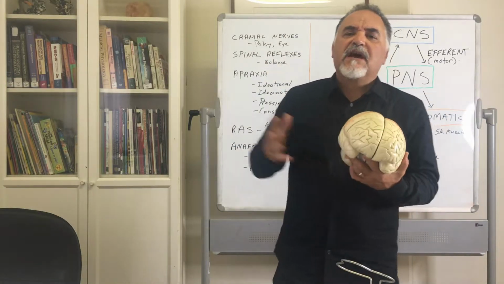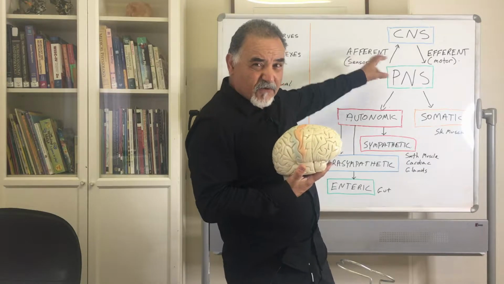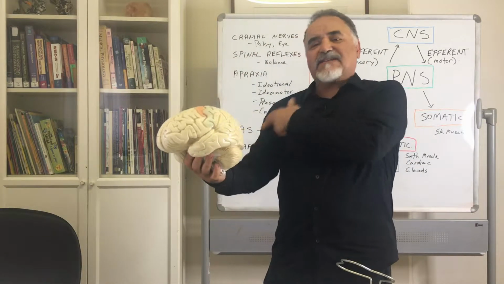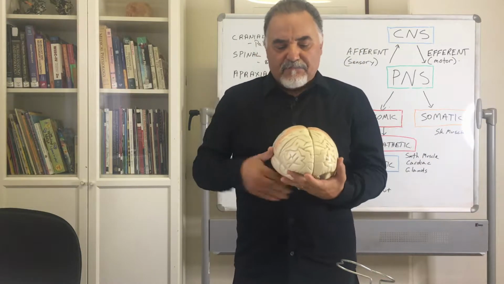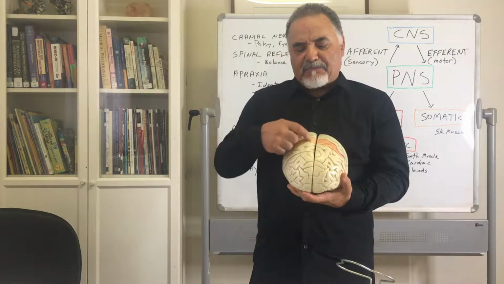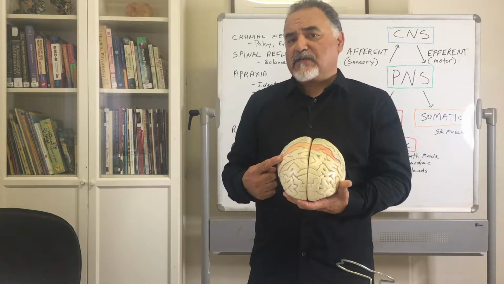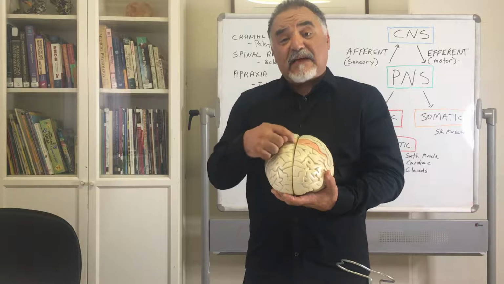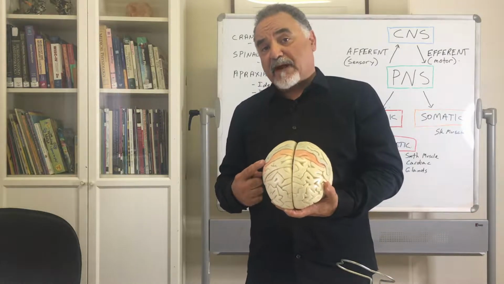And I have a map in my mind as to where these things are because the afferent nervous system, the sensory nervous system, is connected to my spine, to my brain, to a position along this gyrus, along this sensory part of the brain.